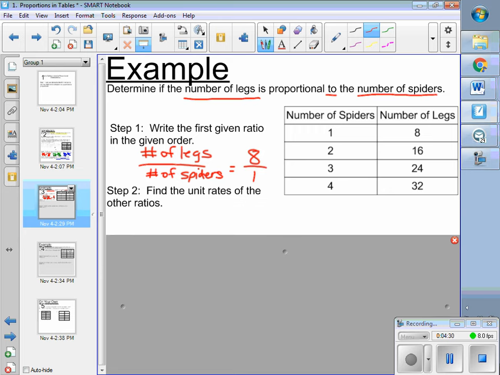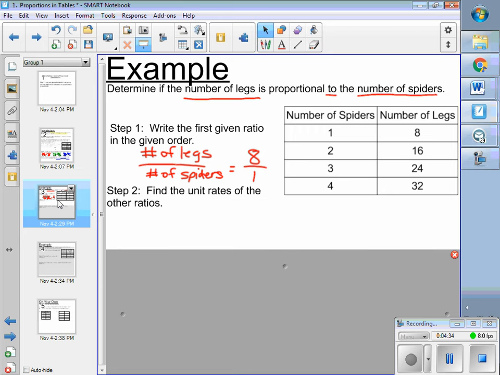We find the unit rates of the other ratios. So we would have 16 to 2, and if I simplify that, dividing both by 2, I get 8 to 1. So that one works. Then I have 24 to 3.